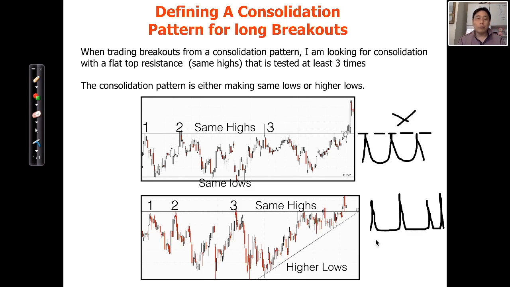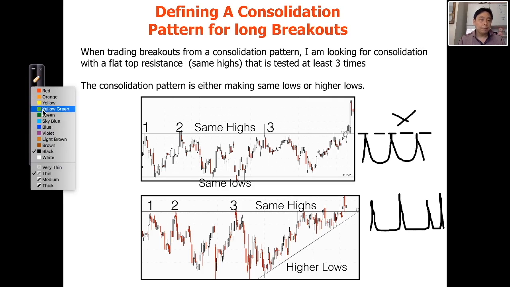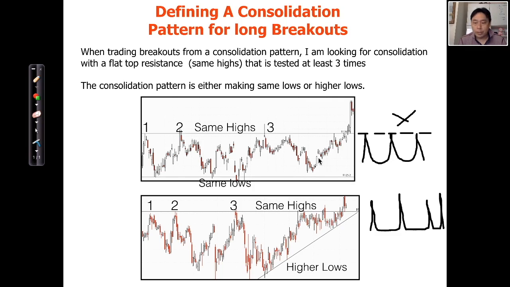So where would you draw the resistance? That's a very common question I get asked. So would you draw the resistance at point A, line A, or would you draw it at line B? Which one?